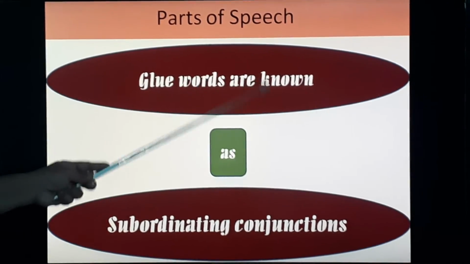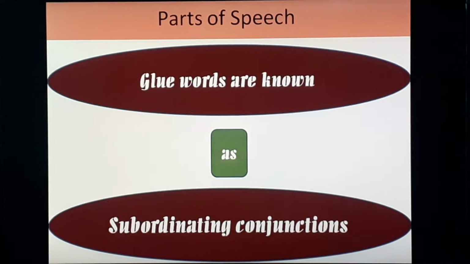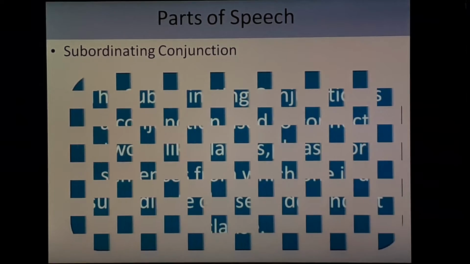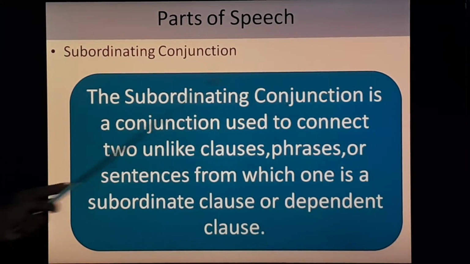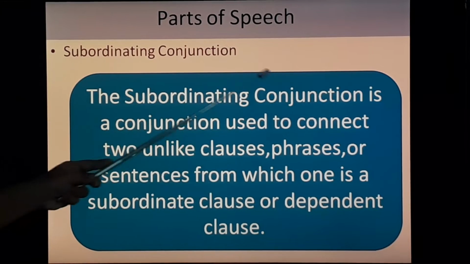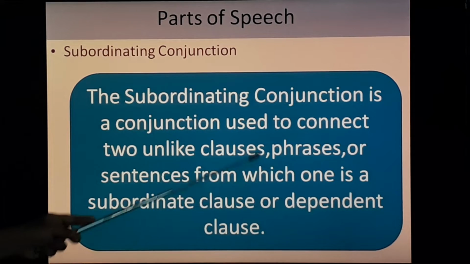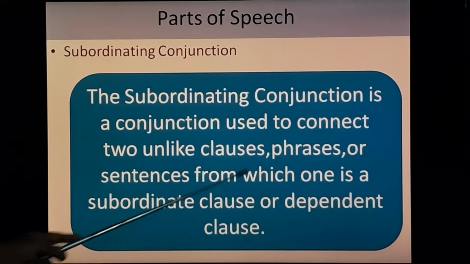Glue words are known as subordinating conjunctions. Let's see the definition. The subordinating conjunction is a conjunction used to connect two different clauses, phrases or sentences from which one is a subordinate clause or dependent clause.